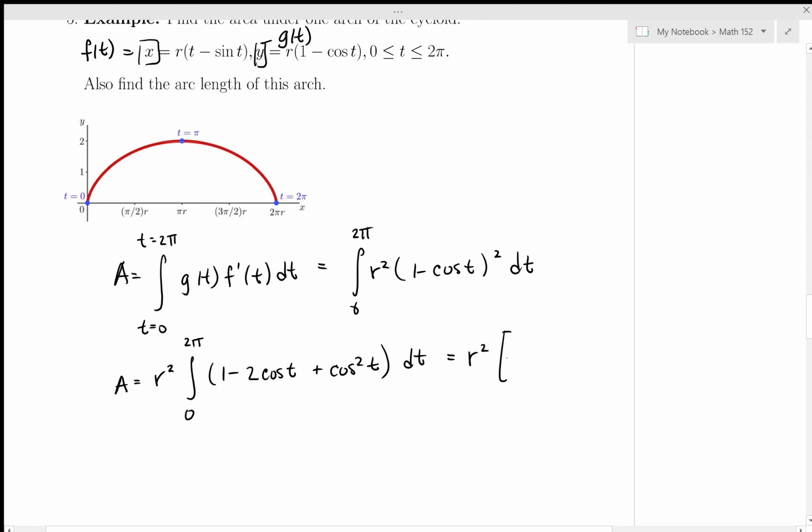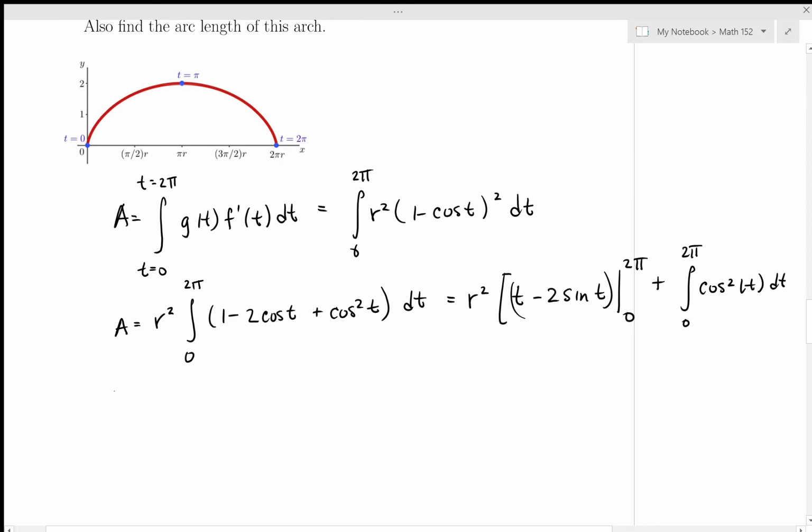In the first one we get t. The second one we get minus 2 sine t. And then we can evaluate those two things at 0 and 2 pi. And then we've got that integral of cos squared. How many times has this come up? My goodness, we have seen the integral of cos squared come up so many times. So we've got to use that trig identity to do that.